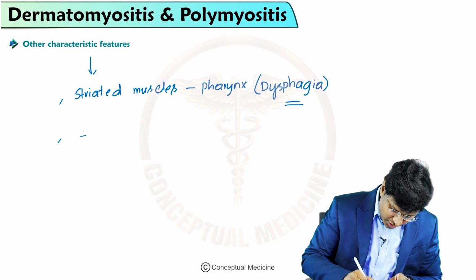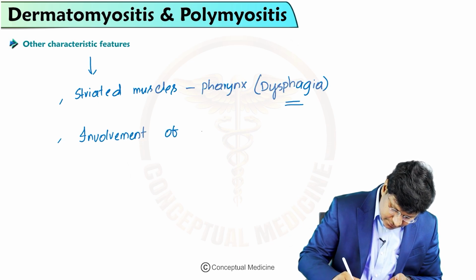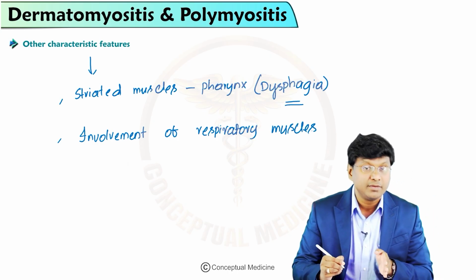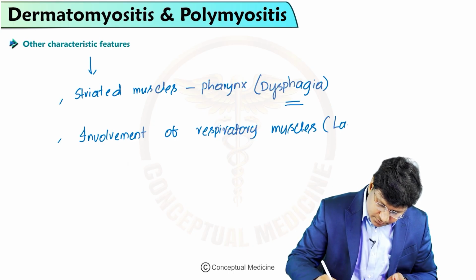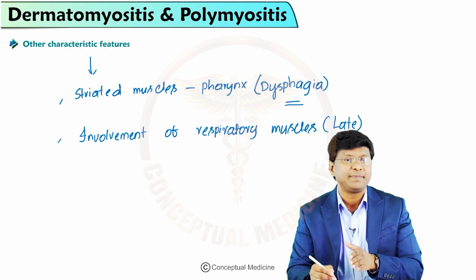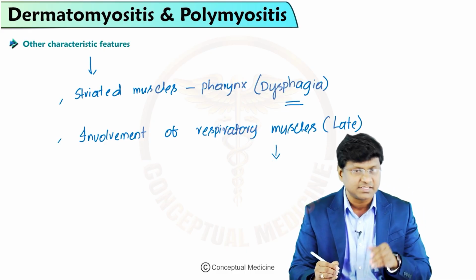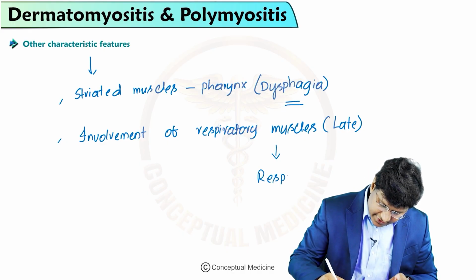There is involvement of respiratory muscles in the later part of the disease. And because of the involvement of the respiratory muscles, the individual will land up in respiratory failure.